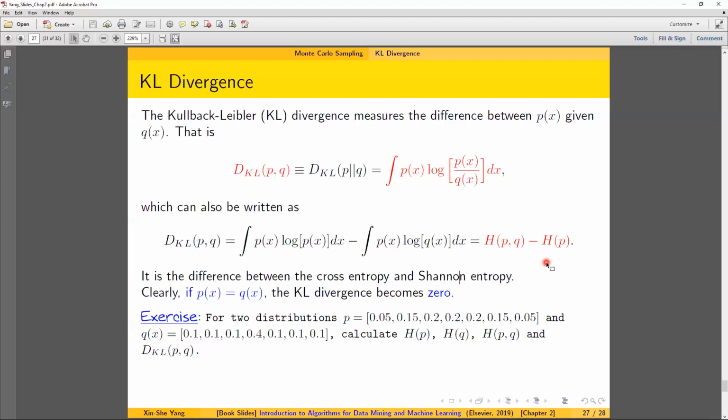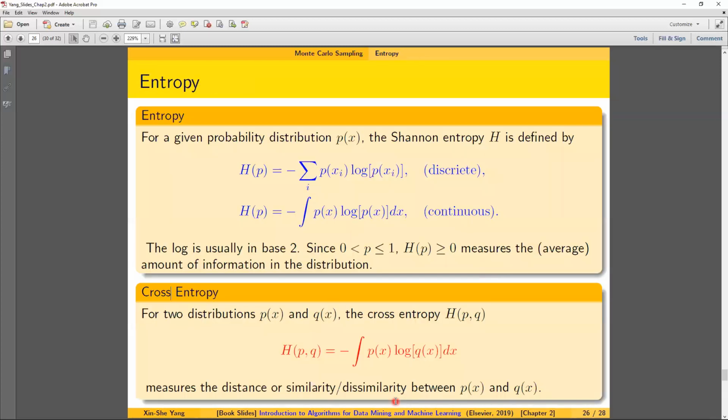Now, it's a perfect exercise for you to use this discrete probability distribution to estimate H(P), H(Q), and H(P,Q). Again, the definition here uses a continuous variable, but to answer this exercise you should look at the discrete definition.